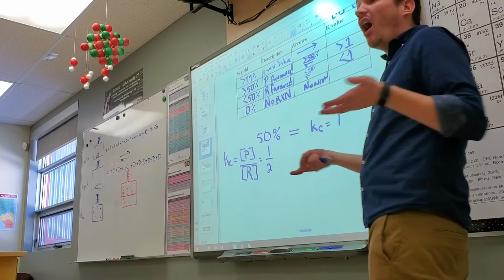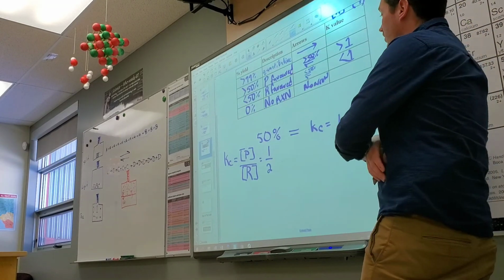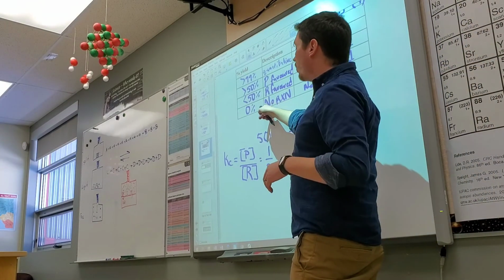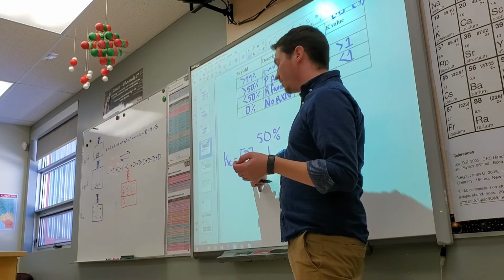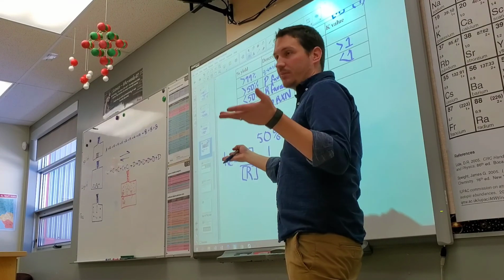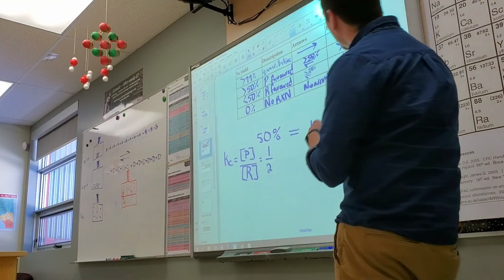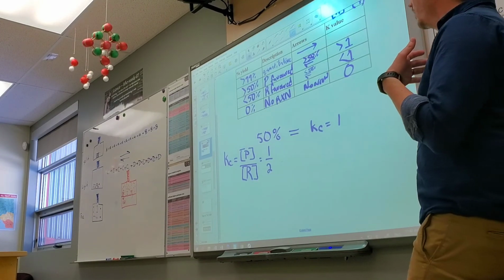It'll still be positive, right? You can't get a negative Kc. That's not possible. What if there's no reaction? If you form 0 products and everything stays as reactants? 0 divided by something is 0, or very, very small.